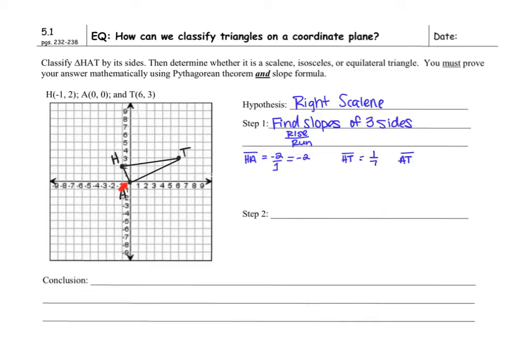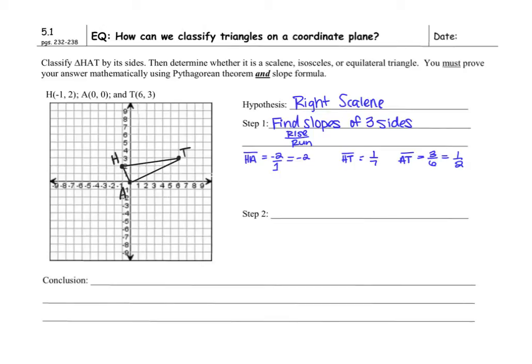If I start at A and go up 3 and over 6, what will the slope of AT be? Up 3 and over 6 simplifies to 1/2. So segment AT has a slope of +1/2.